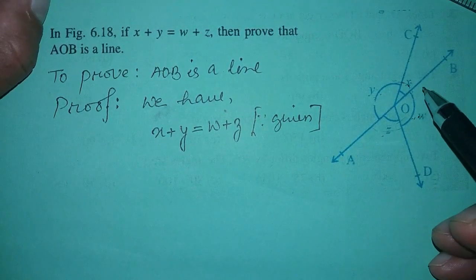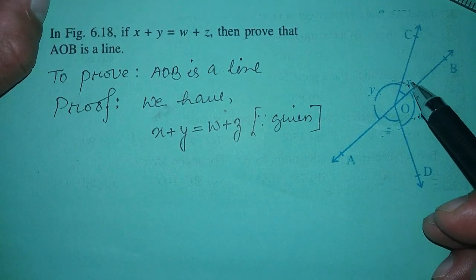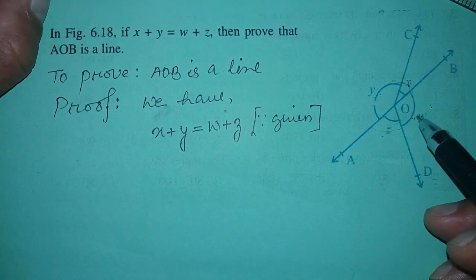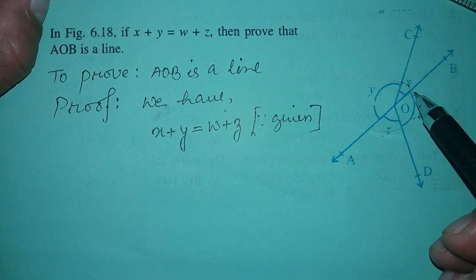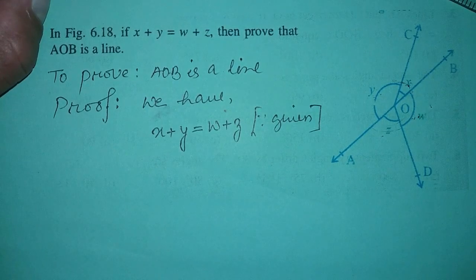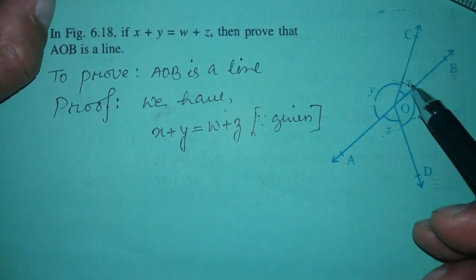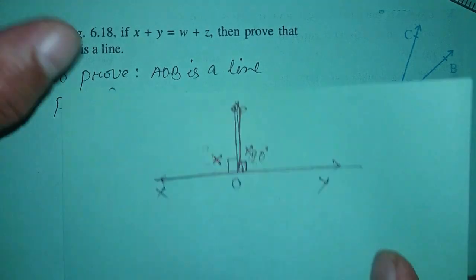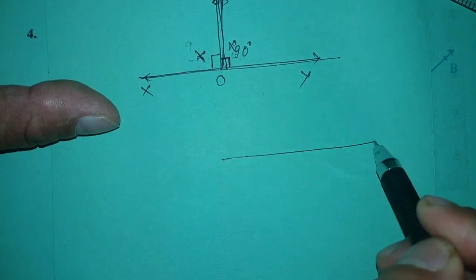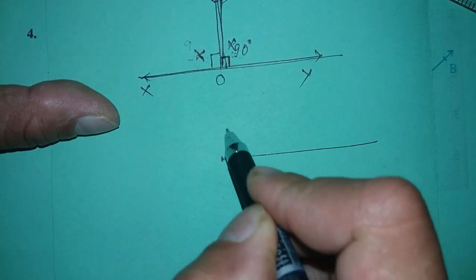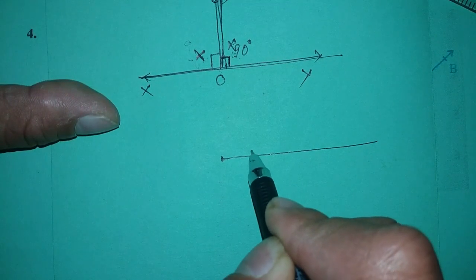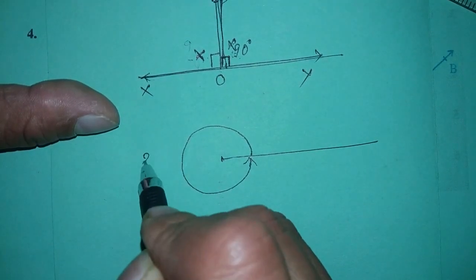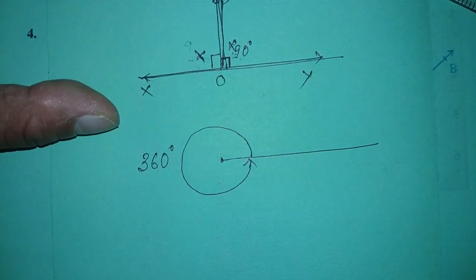Here the sum of these 4 angles, that is x, y, z and w, will be 360 degree, because we know that these 4 angles form a complete angle. Now if you measure the angle from here to here, then we will get 360 degree, which is known as complete angle.